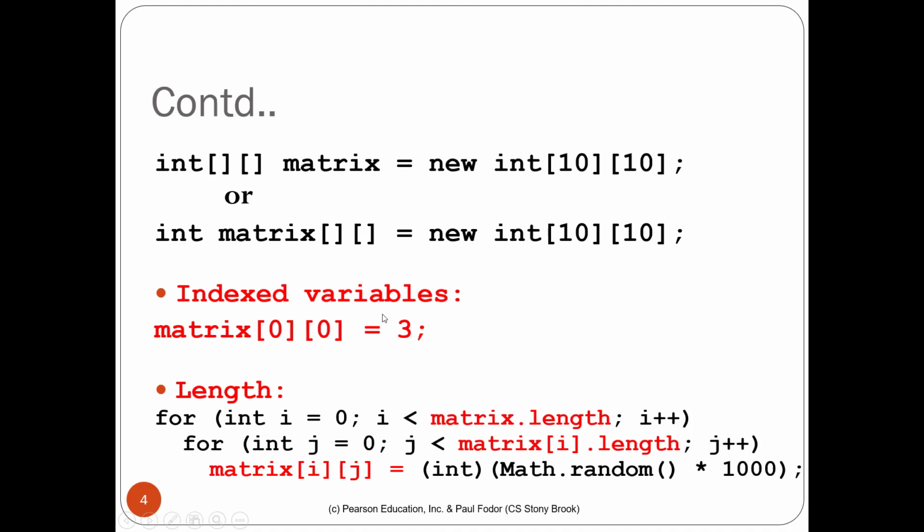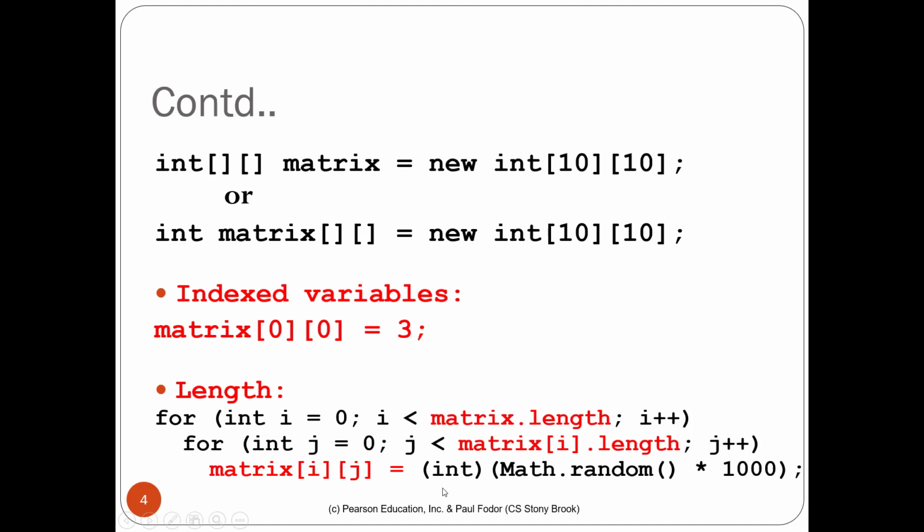So here, when we are saying 0, 0, that means we are referring to the first row and the first column, and for that element we want the value to be assigned as 3. Okay, so now let's have a look at a piece of program. Actually, we will write the complete program, in which we are assigning each element of our two-dimensional array some random value.